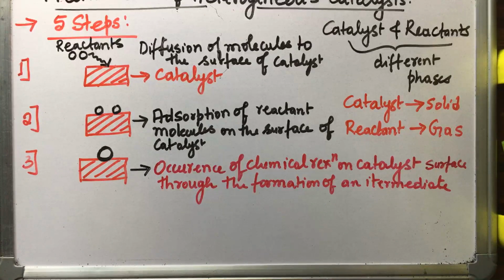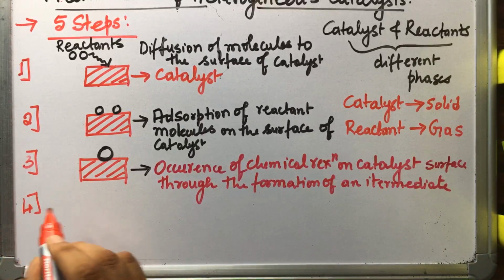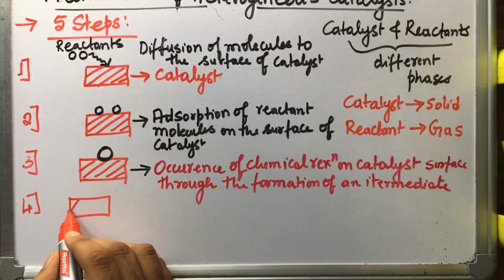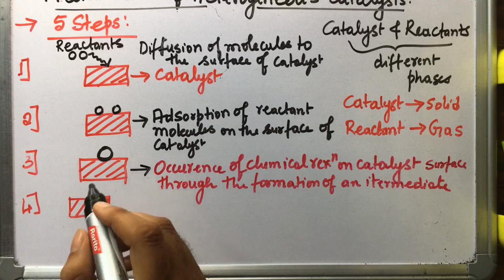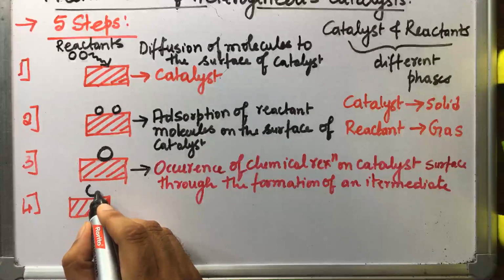Once the product is formed on the surface of the catalyst, what should be the fourth step, students? The fourth step should be the disruption, meaning the product which has been formed has to go out. Let me say this is the catalyst surface. Now once this product is formed on the surface of a catalyst, it has to start leaving.